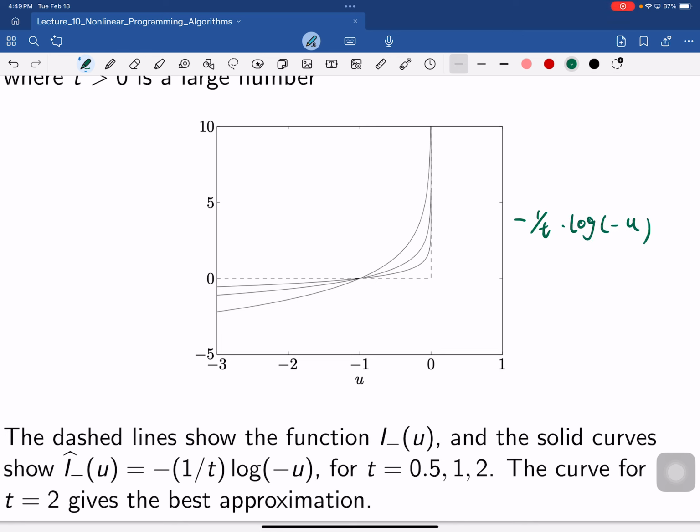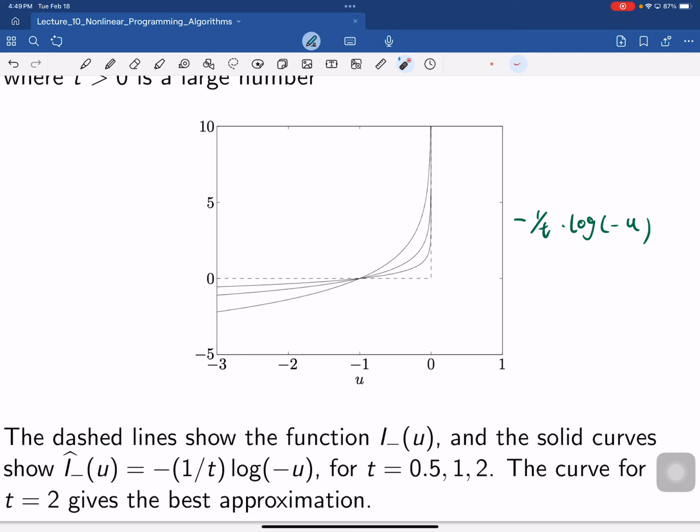Since you have minus u here, u must be less than 0, since the domain of log of x is greater than 0. And these three different curves show you this function for different values of t. Actually, it shows you the values t equals 0.5, 1, and 2.